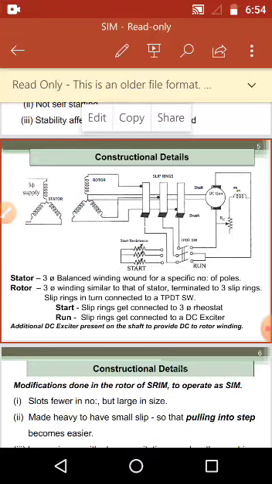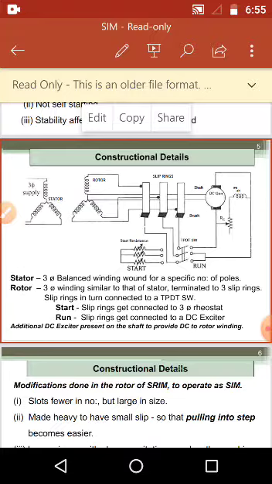Since the rotor circuit is connected to the starting resistance, there will be a current flowing through our rotor conductor.